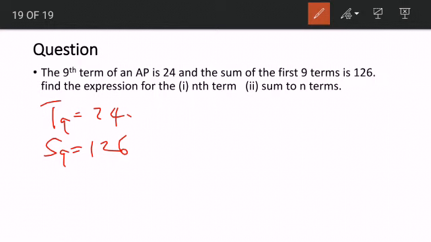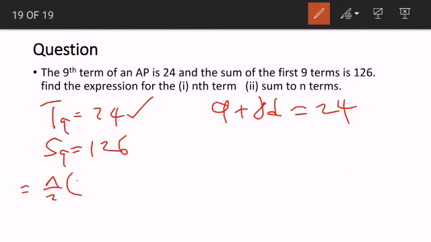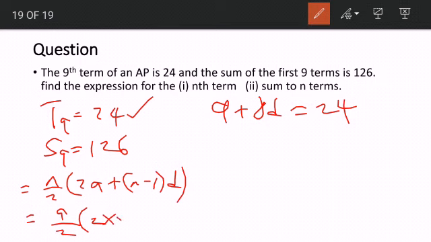So from the first statement here, we can simply say a plus 8d, which is the 9th term, is equal to 24. Now, for S9, using the sum of terms, which is n over 2 into 2a plus n minus 1 d, your n now is 9, that's 9 over 2 times 2a, we don't know what a is, plus n minus 1, that means 9 minus 1 d, we don't know what d is.